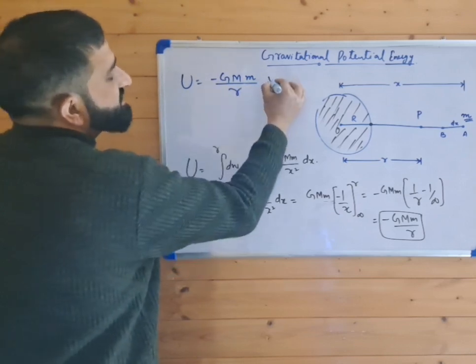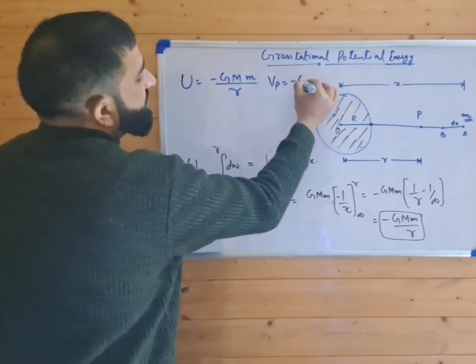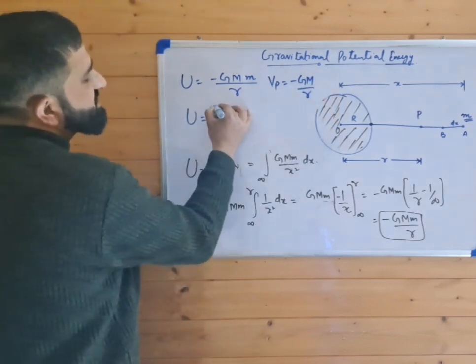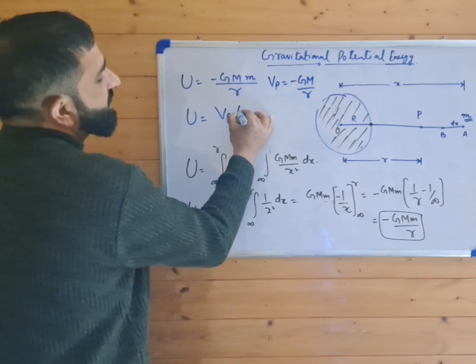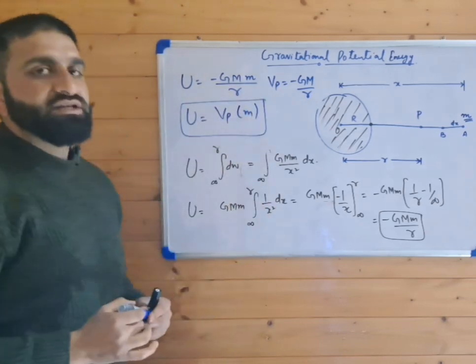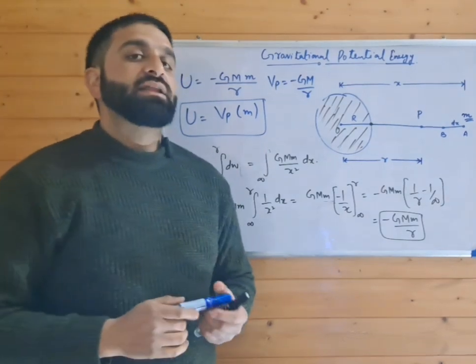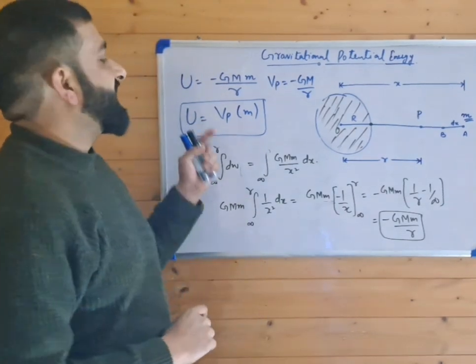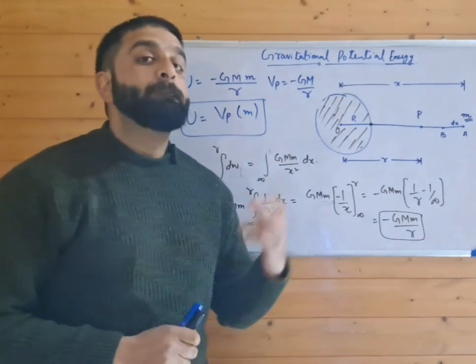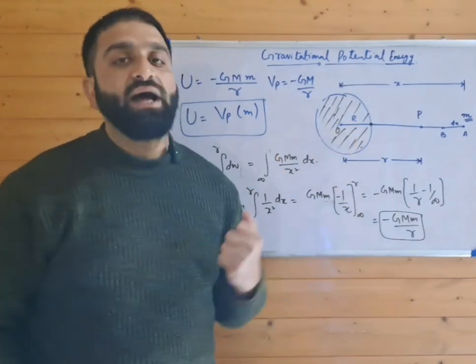Now the potential at a point P is equal to minus GM by r, so the potential energy is equal to Vp into m. That means the potential energy is defined as the product of the potential at that point and the mass of the body that has been brought by the field from infinity to that point.